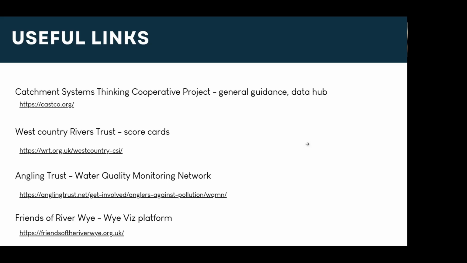So you can see different bits and pieces on there. There is also guidance on there in relation to data visualization. Some of the examples I've included are from that site. So do take a look at that.